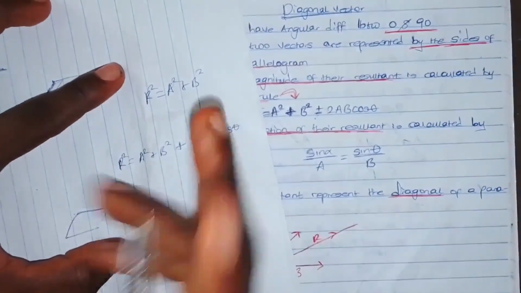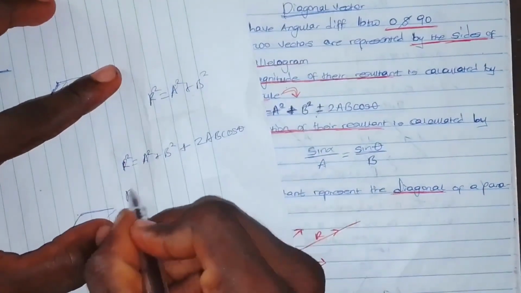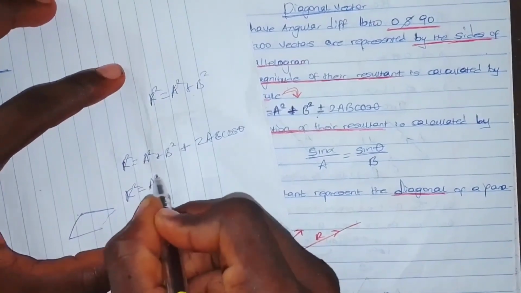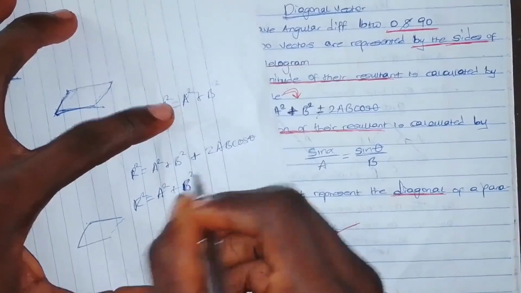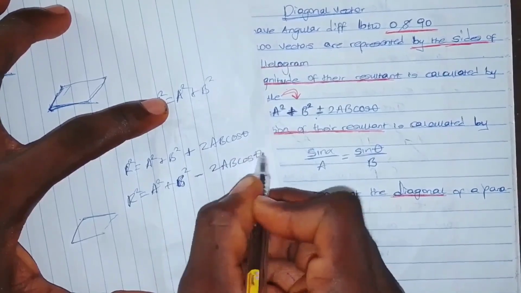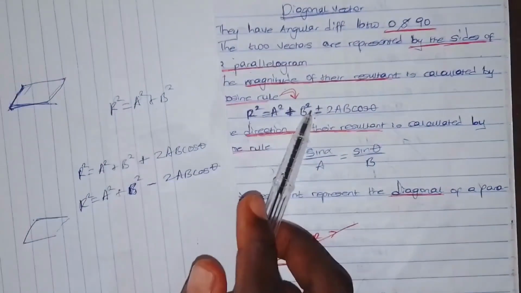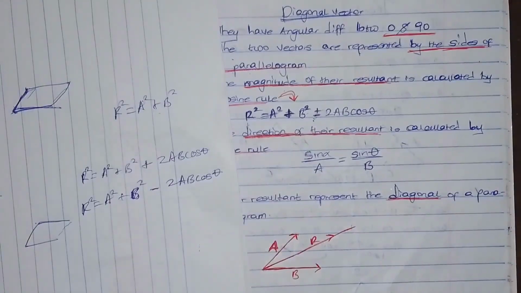This plus or minus means that the formula is of two types. The other is r squared equals a squared plus b squared minus 2ab cos theta. So this is what plus or minus 2ab cos theta means here. I don't know if you understand.